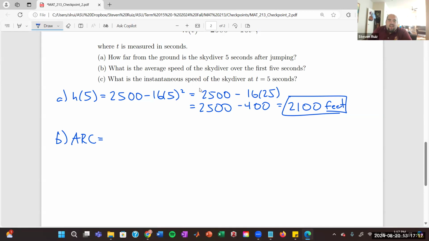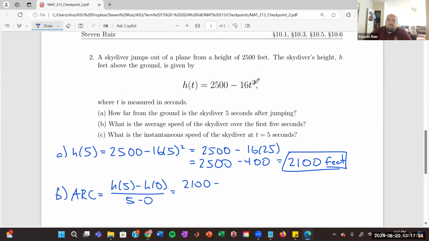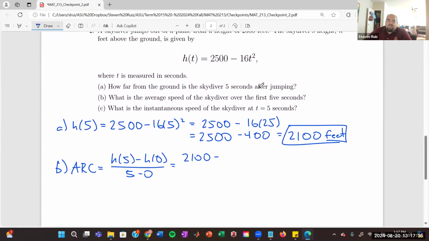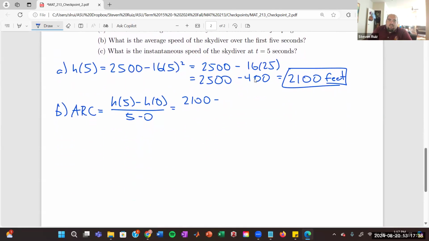So how do I find the average rate of change? I want to do h of 5 minus h of 0 over 5 minus 0. We found h of 5, that's 2,100. What is the height at time equals 0? If I plug in 0 for time here, I get 2,500 minus 16 times 0. So 2,100 minus 2,500 all over 5.